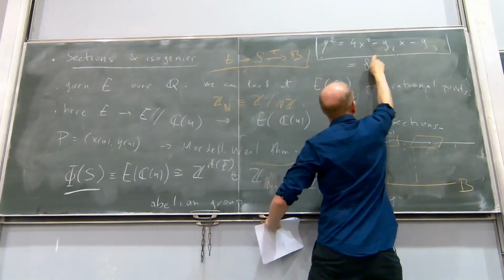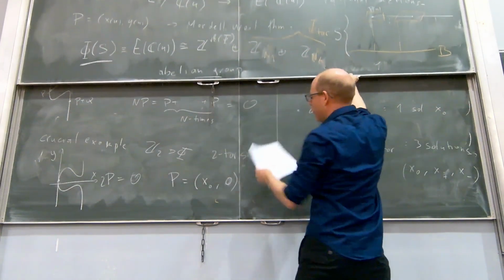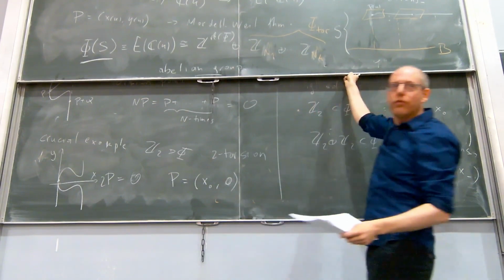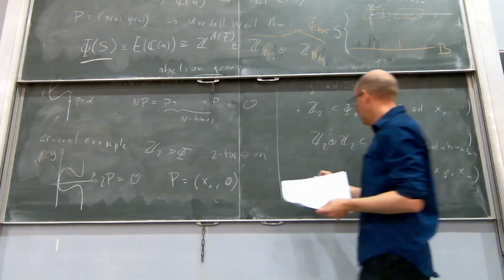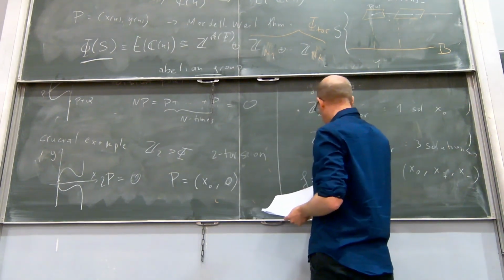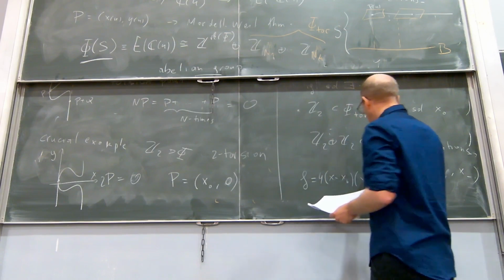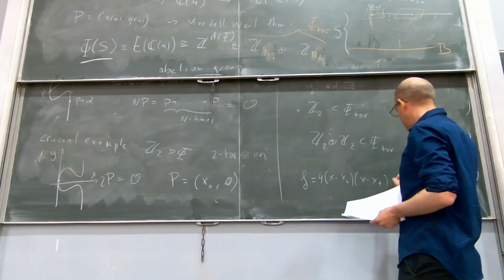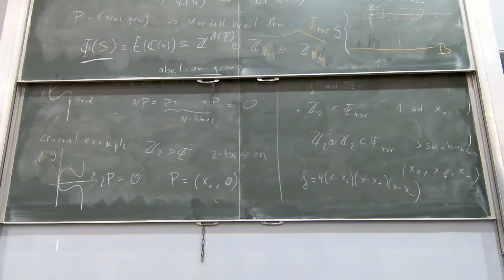Call this f of x. A solution at y equals 0 just means roots of the polynomial, so f is equal to 4(x minus x0)(x minus x plus)(x minus x minus). Those three roots are either one rational and two irrational, or all rational.